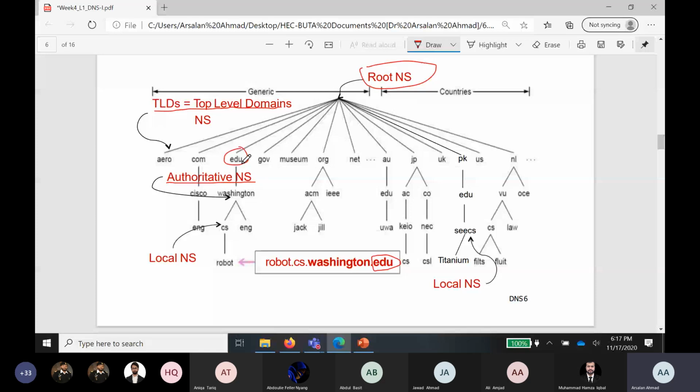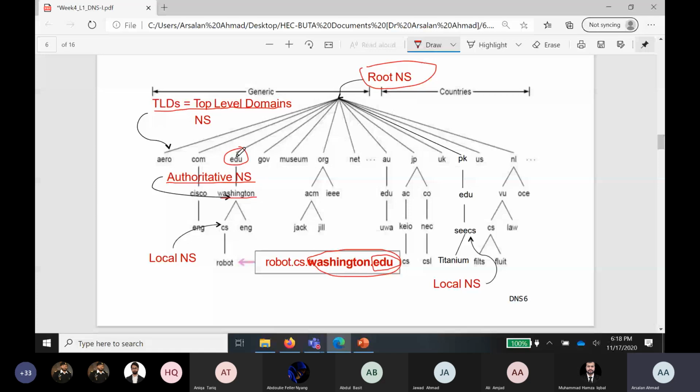And then the edu top level domain will see that, okay, I do not know the IP address of robot.cs, but what I do know is that washington.edu has an authoritative name server registered with me, and that authoritative name server is responsible for the whole domain anything.washington.edu.